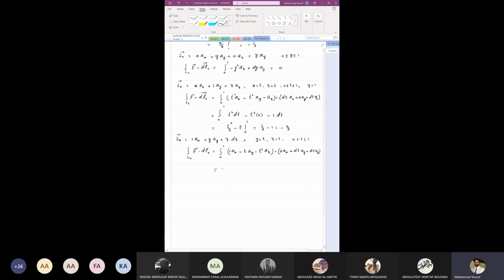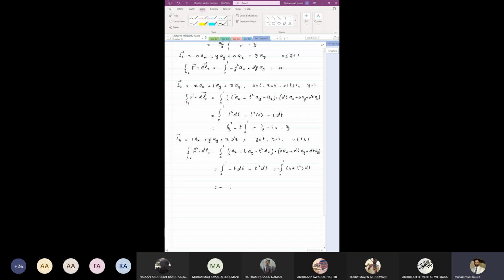Okay, the first part is gone. Minus t ay and dt ay. So the dot product is minus t dt and minus t square dt. You can write it 0 to 1 of minus t plus t square dt.